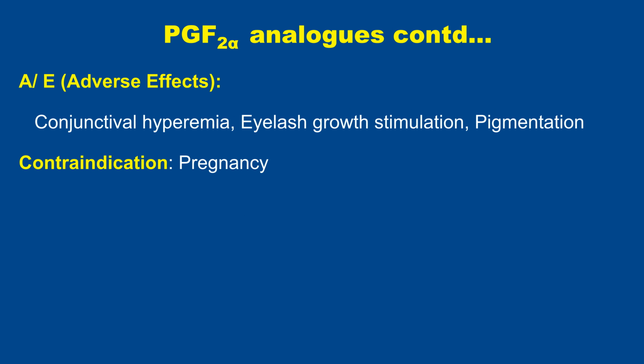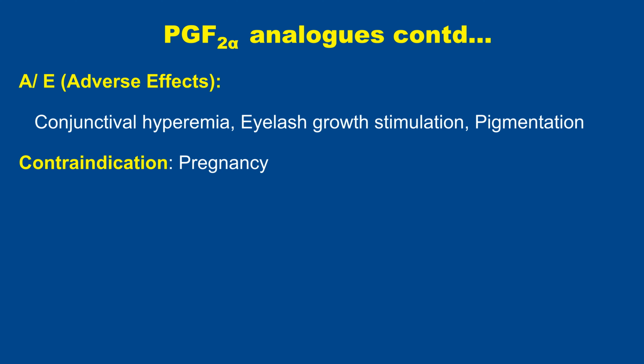Coming to the adverse effects of prostaglandin analogs, which include conjunctival hyperemia, eyelash growth stimulation, and hyperpigmentation of the eye. This hyperpigmentation of the eye can be prevented by giving the drug in the evening time. This drug is strictly contraindicated in pregnancy, being an abortifacient agent, which can cause uterine contractions.